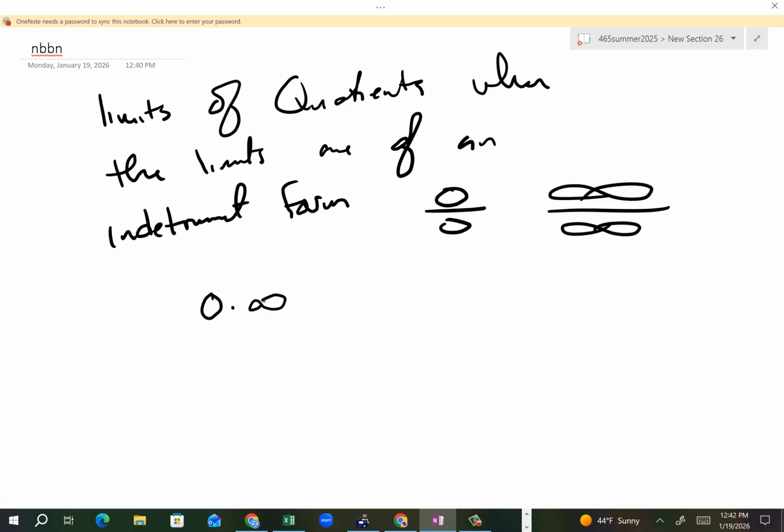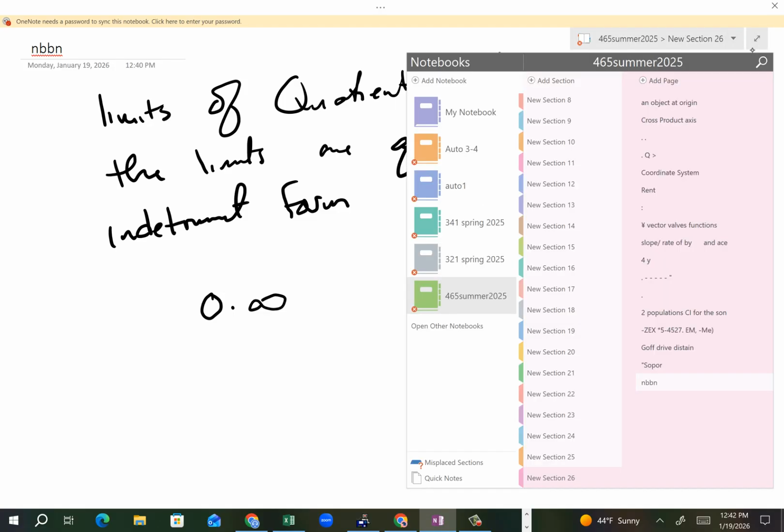So then the question again is this, and we vaguely mentioned it earlier this year when we did the limit of sine of x over x as x approaches 0. We said, hey, the limit's 1. Well, why?